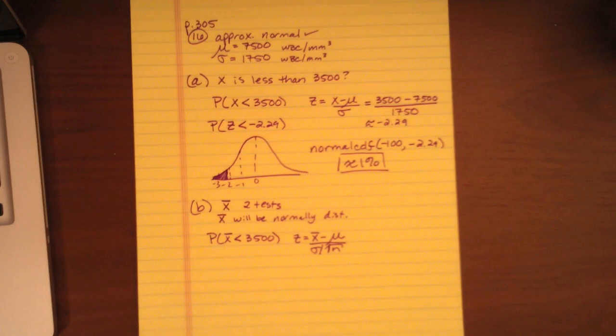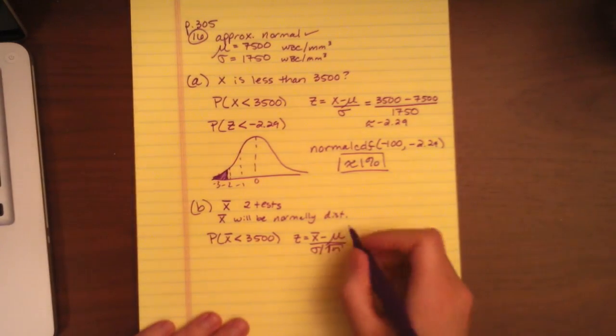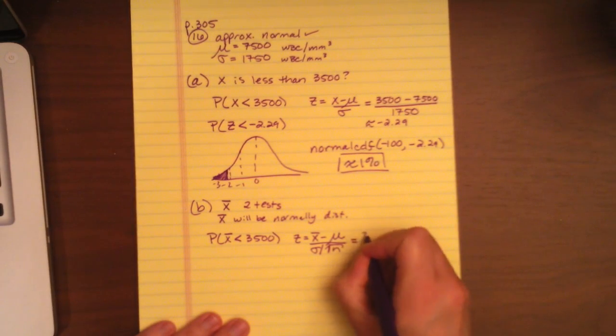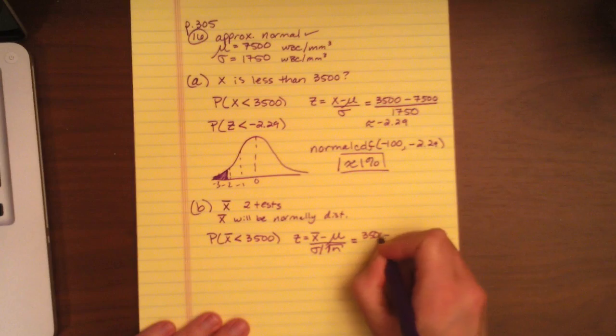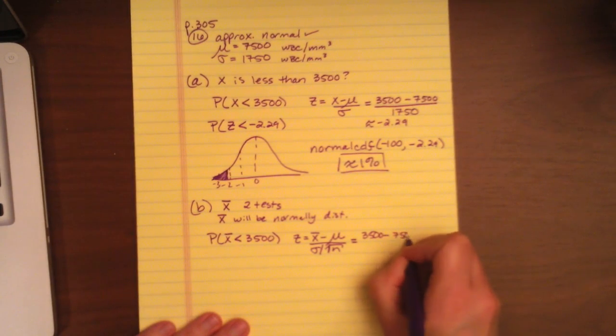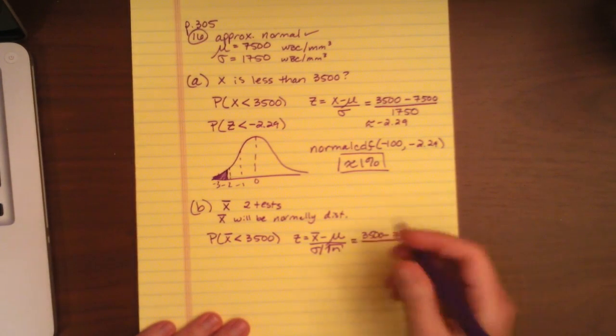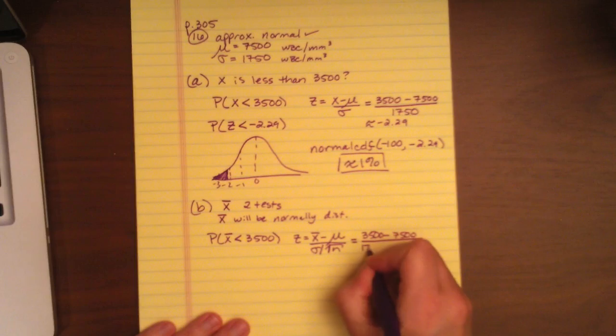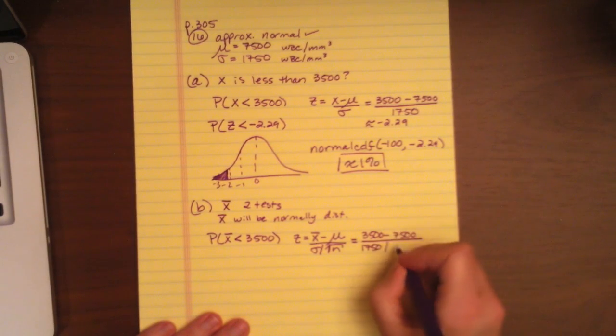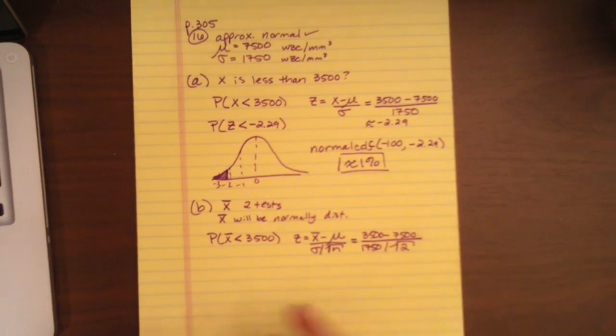Okay. So here we're going to start by taking our x bar value, which was 3,500, subtracting our 7,500, dividing by sigma, which is 1,750, over root 2, since in this case our sample size is 2.